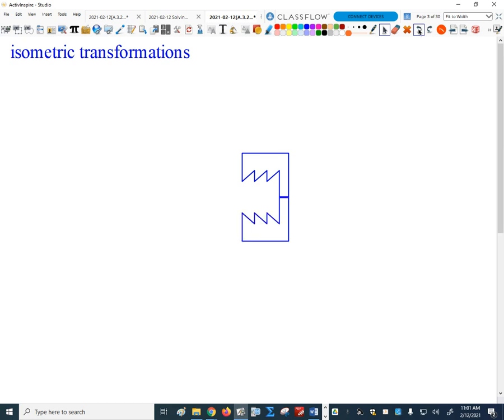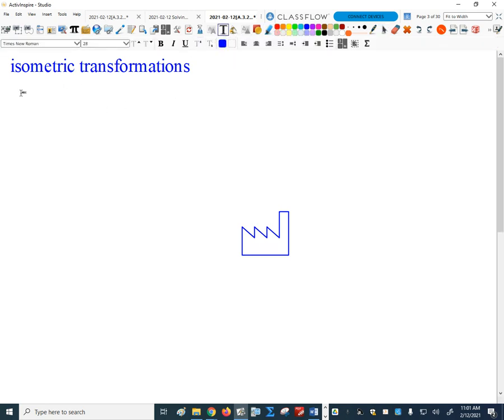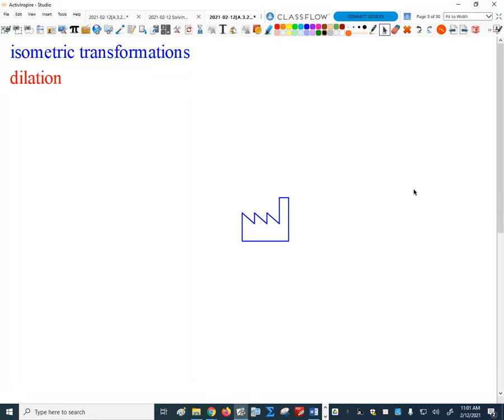Okay, good. But there was another transformation you did that was not isometric. Remember, we did a dilation in geometry. What was a dilation? Do you remember? Make it smaller or bigger, right?